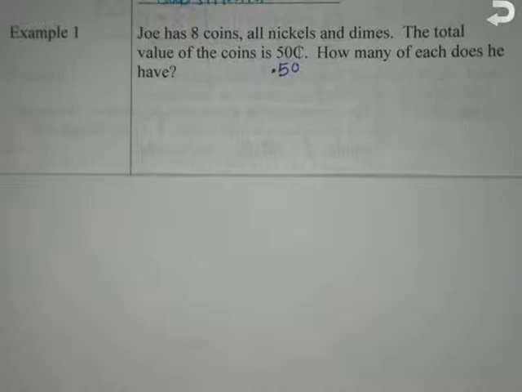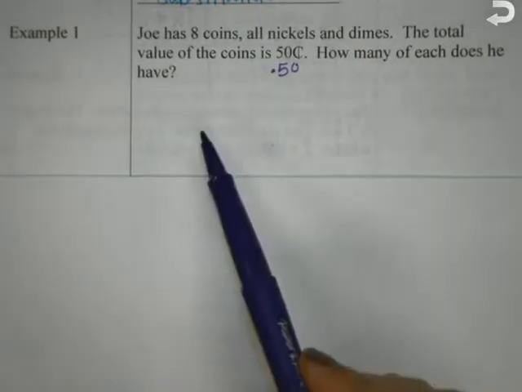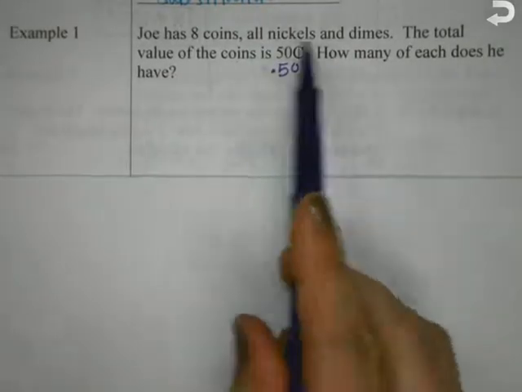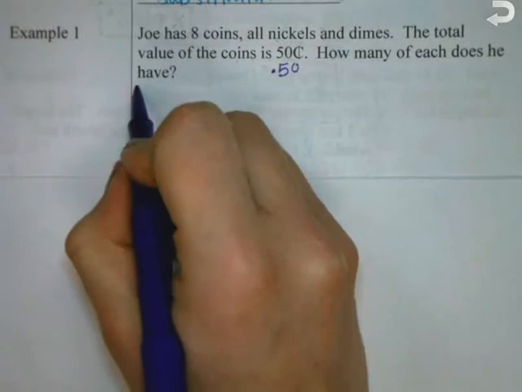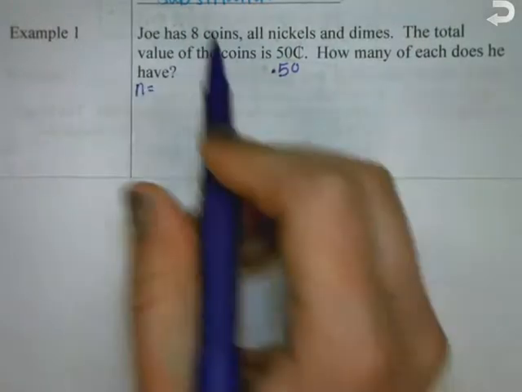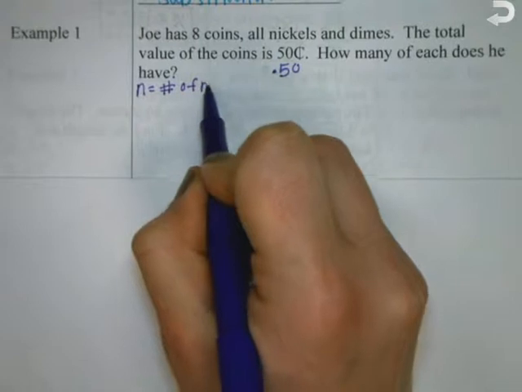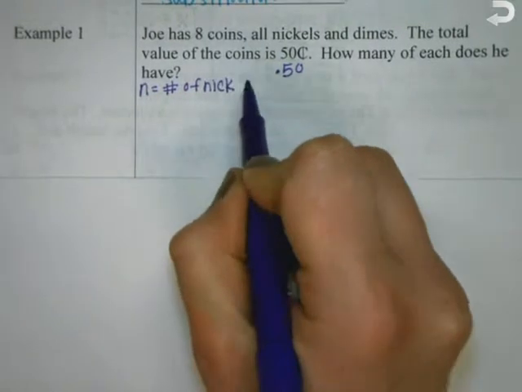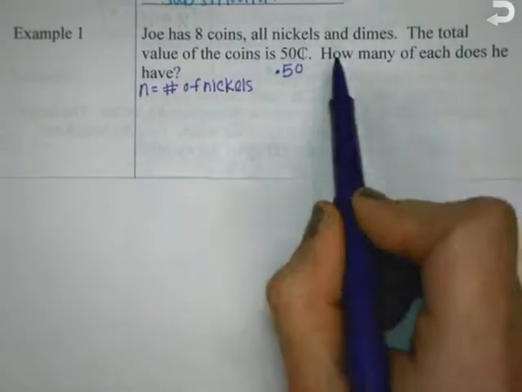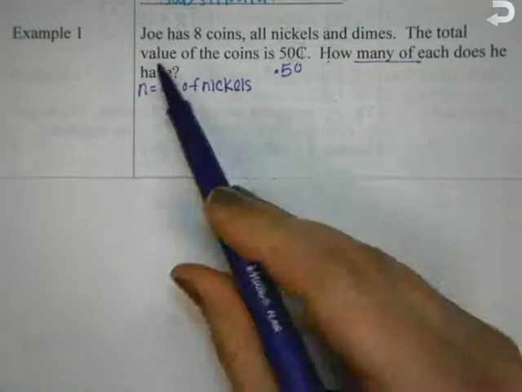Okay, so we have to write the first equation for the total number of coins. So what's that going to be? What variable do you want nickels to be, first of all? So n is going to be equal to the number of nickels. And it's really number this time, because the last sentence says how many of each does he have. So we're looking at numbers.